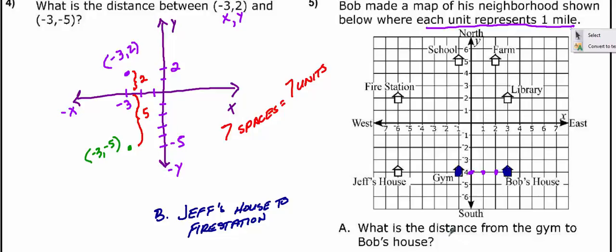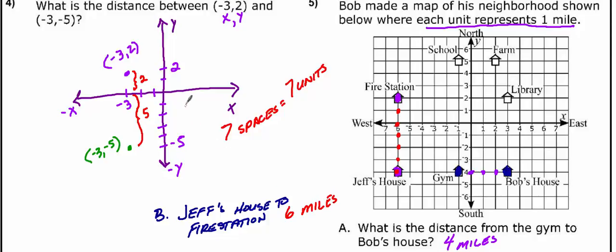So Bob's house from the gym is 4 miles. Jeff's house to the fire station. So here's the fire station. Here's Jeff's house. And the distance between the 2 of those, 1, 2, 3, 4, 5, 6 miles.